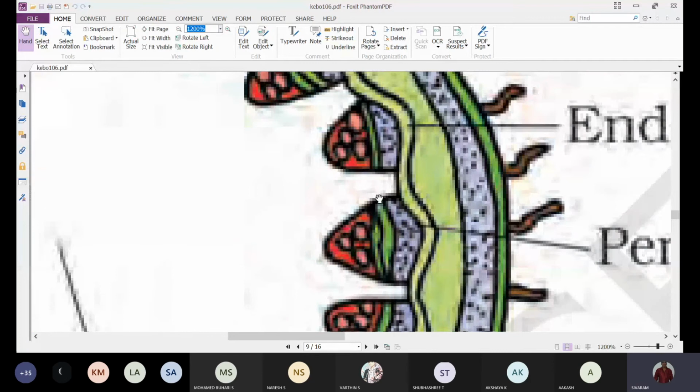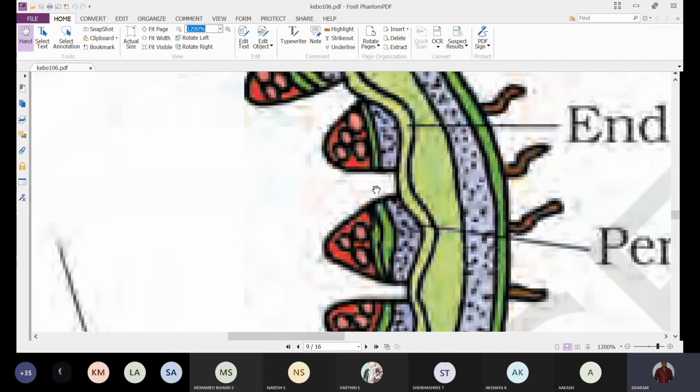We can see here this is the medullary ray, and here we can observe the parenchyma cells present adjoining this intravascular cambium. They undergo dedifferentiation and transform into meristematic cells. These meristematic cells divide and move towards the outer region in opposite directions, one in this direction and the other in that direction.